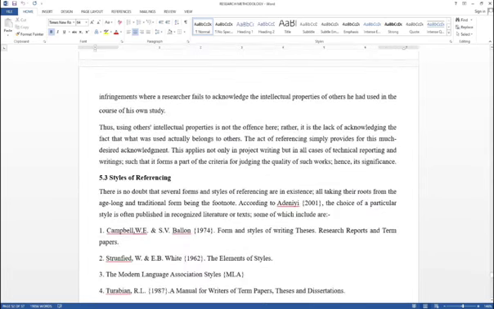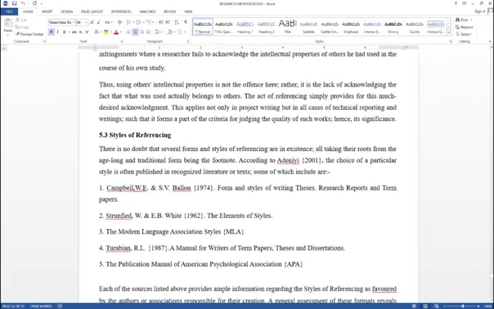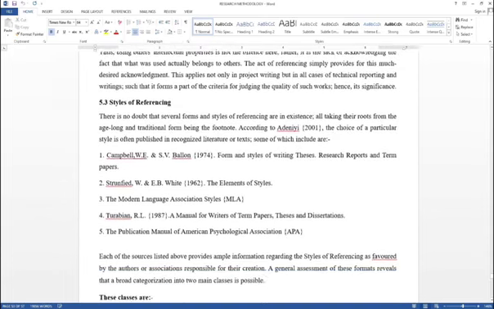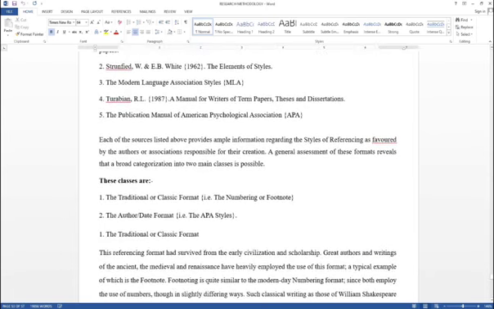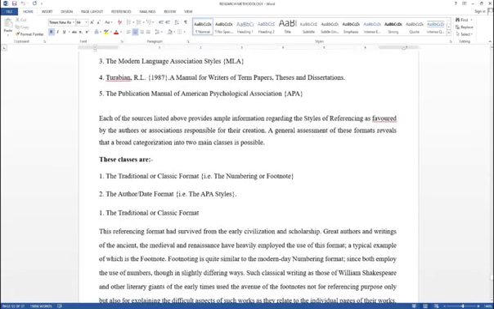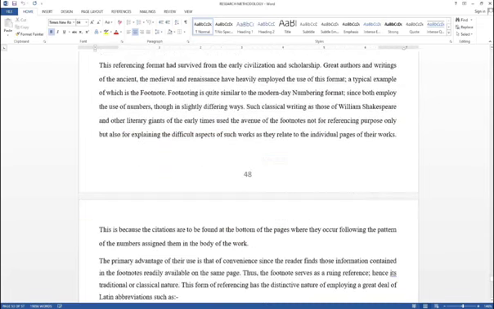So we're also going to look at, in the next class, the styles of references. We're going to be looking at how you make your references, how you write them out. References that involve one person, one name, two names, and so on. We have the different classes, the traditional or classic format, the author-date format.